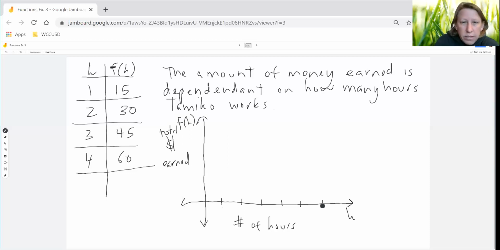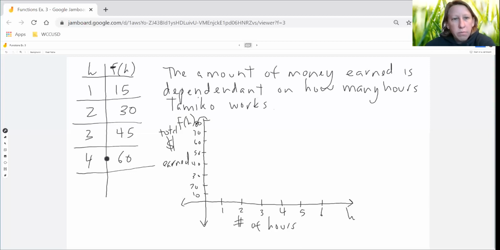But for right now, I'm just going to go by ones. Now, if you're really lazy, you could go by 15s here, but that's a little sketch. I'm going to go by 10s. 10, 20, 30, 40, 50, 60, 70, 80. And I need to tell the person reading the graph that this is $10, $20, $30, $40, $50, $60, $70, $80.